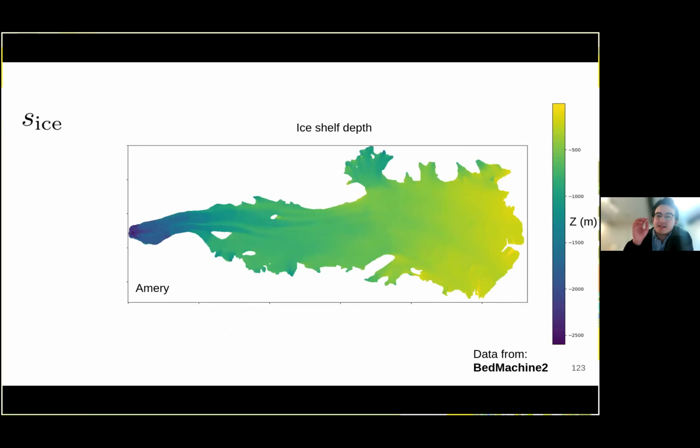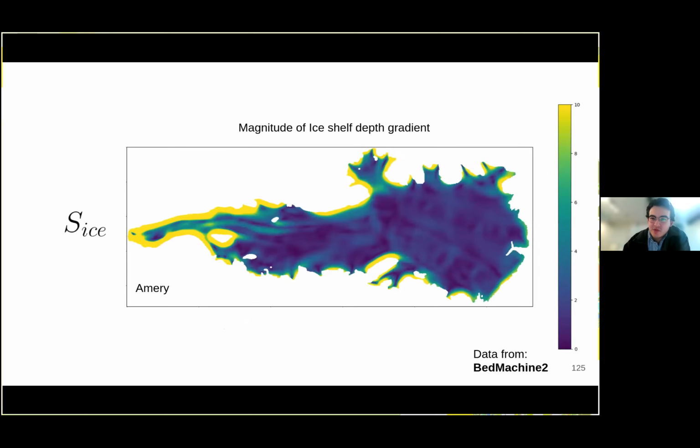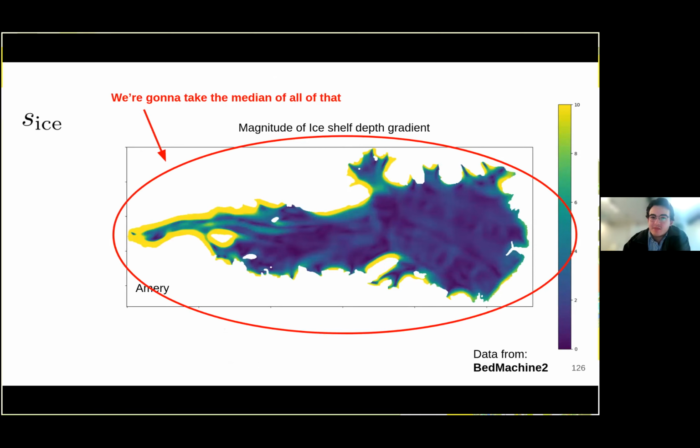And then to calculate the ice shelf slope, we're going to take BedMachine 2 data, and we're going to take the thickness of the ice shelf at any point, or depth, sorry. We're going to smooth it, calculate the ice shelf gradient, and then take the mean or the median of all that. That seems a little arbitrary, and admittedly it kind of is, but what we really want is this bulk metric of the ice shelf slope across the whole entire cavity.